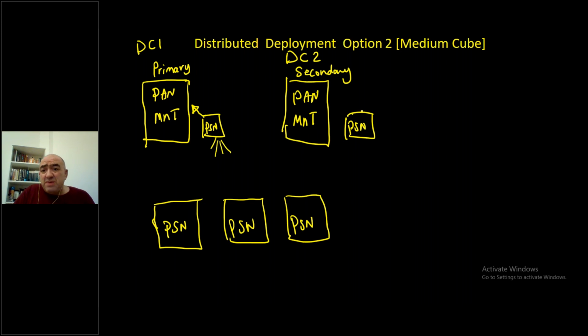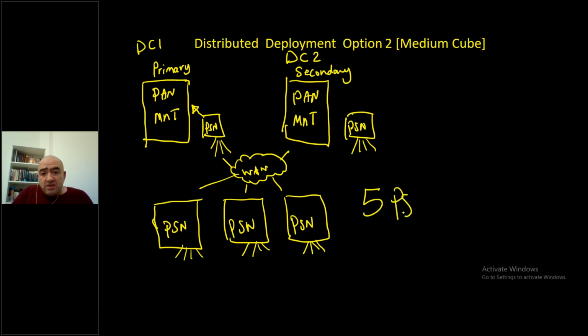Same for this one. It's a passive health check node, but at the same time it can serve different clients. The fourth one and the fifth one here could be, as I said, in different countries, different states, different locations. That's why we need to remember that the WAN connection between all these nodes should have a maximum of 300 milliseconds delay or less. And this is the option, but 5 PSNs only.